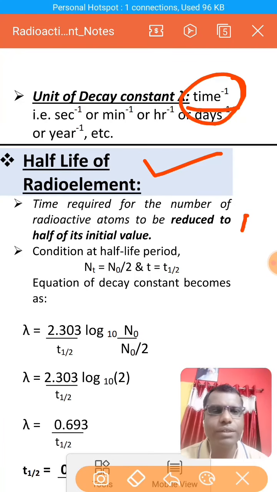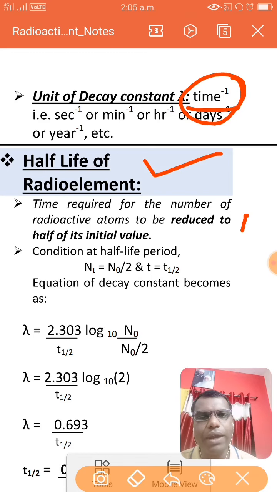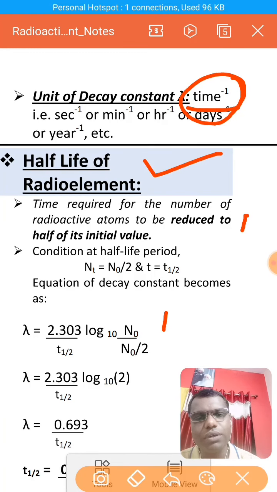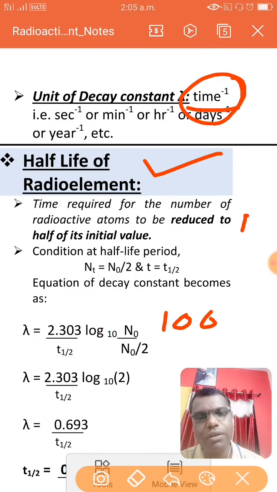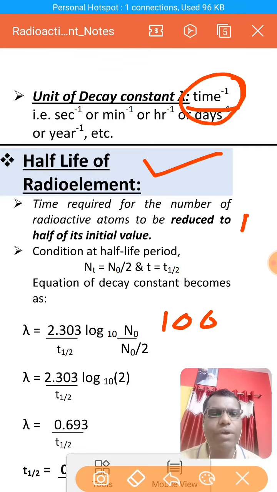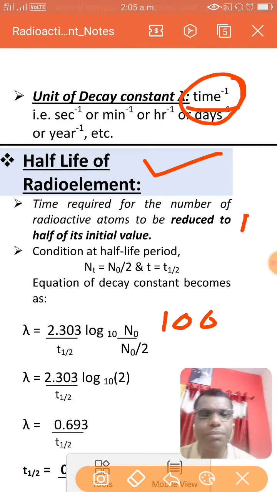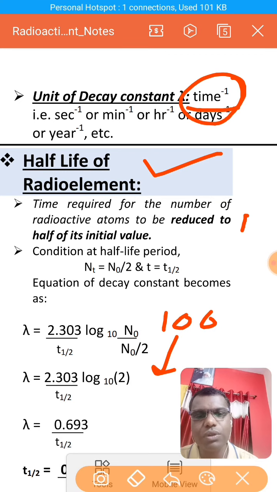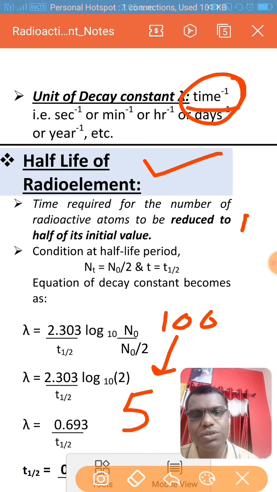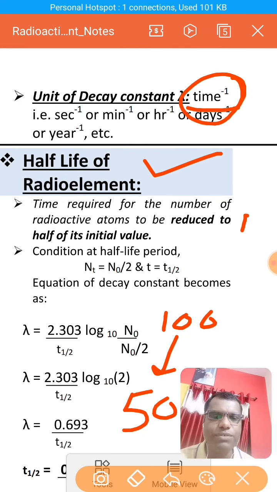Suppose the initial number of atoms is, for example, 100, then how much time is required to reduce this number of atoms to half of the initial, means 50?